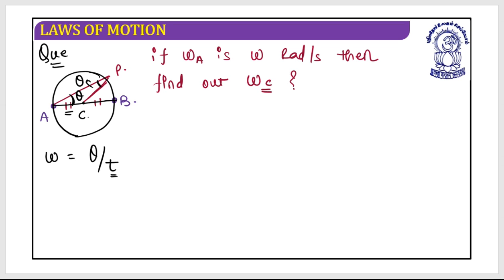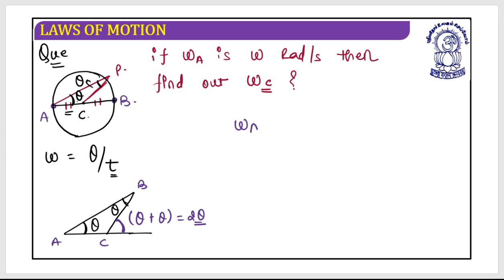So the situation is something like this: this is theta, and this is also theta. For this triangle ABC, this angle will be the exterior angle, and this exterior angle will have a value of theta plus theta, which is equal to twice theta.